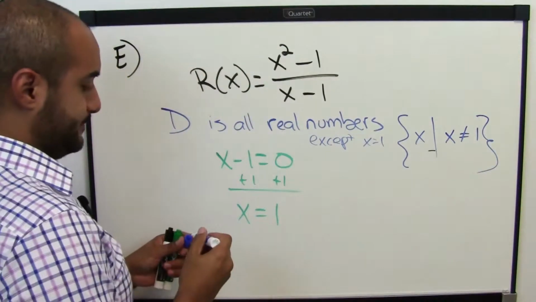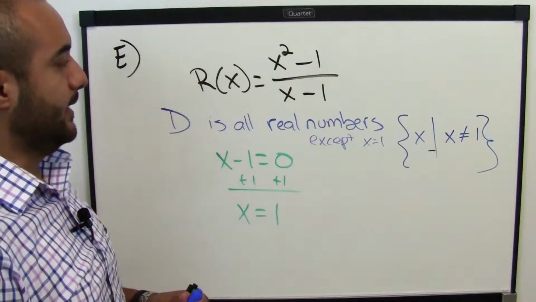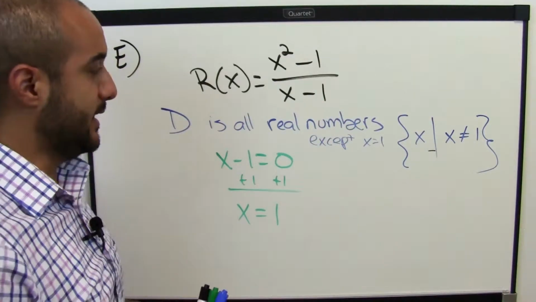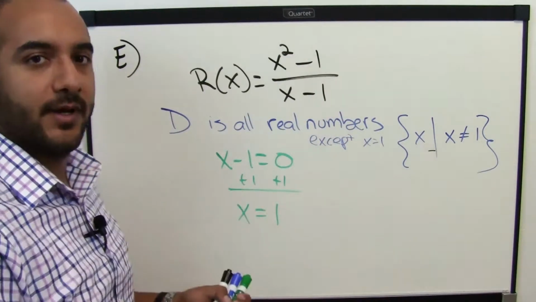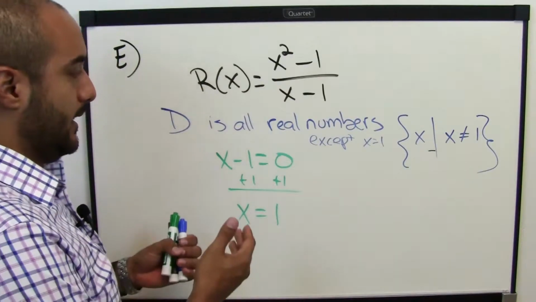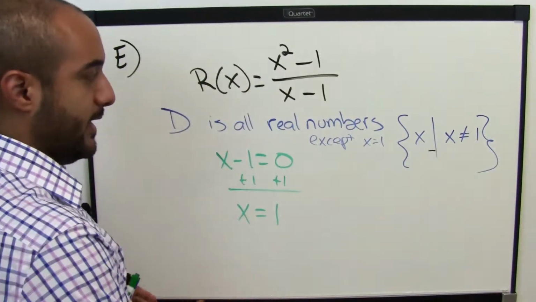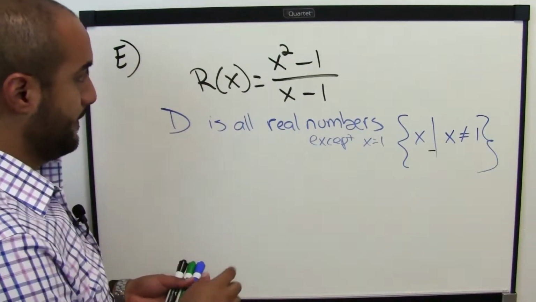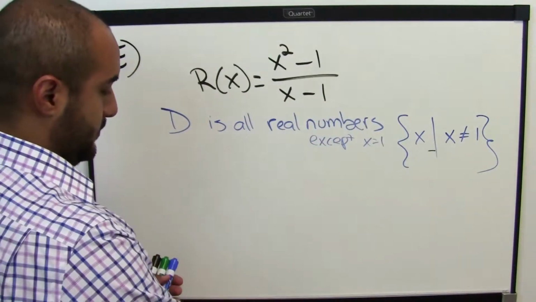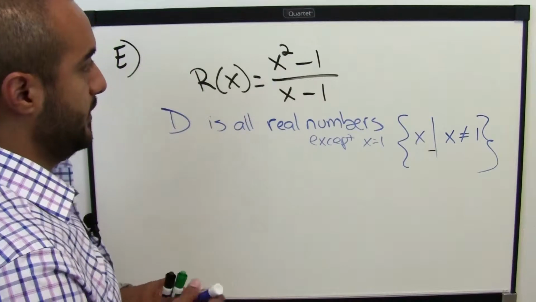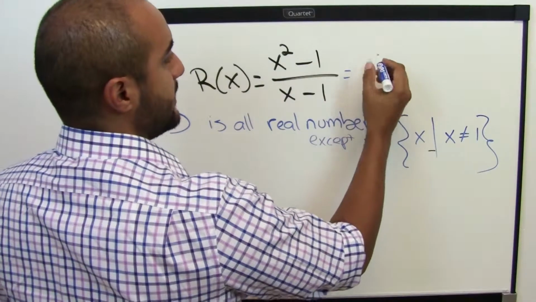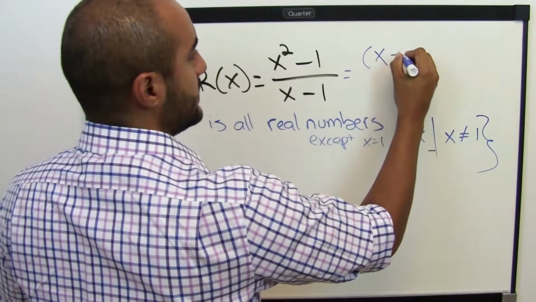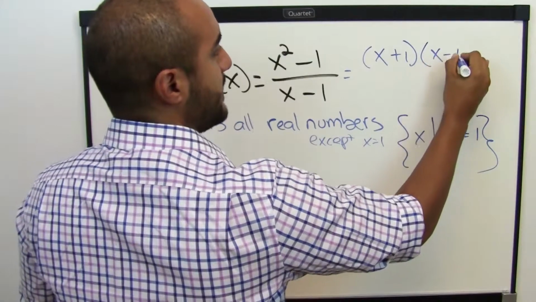I don't want that. Now, you might be looking at this and saying, hey, but I can simplify this. I can do something to it. Those of you that caught it, let's go ahead and see what's happening here. So if I expand this, and I'll use a different color here, this is the same as saying x plus 1, x minus 1.